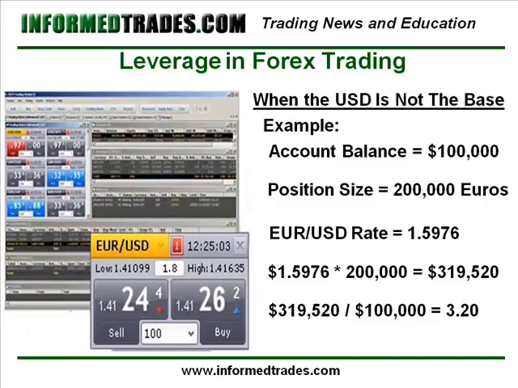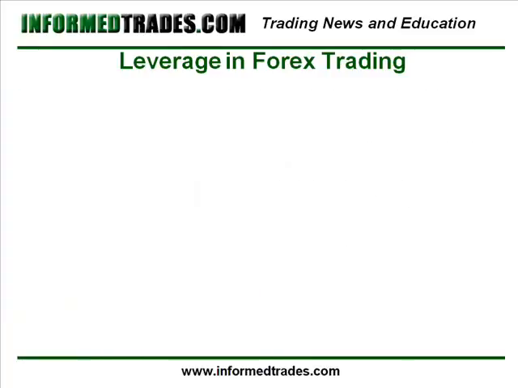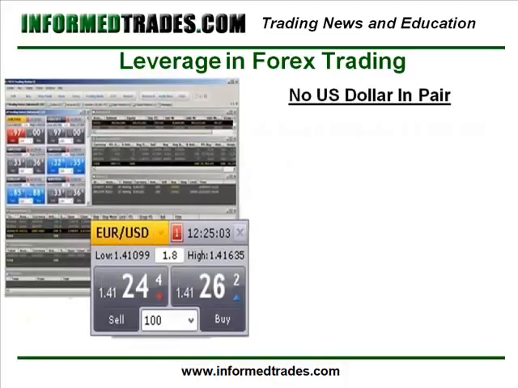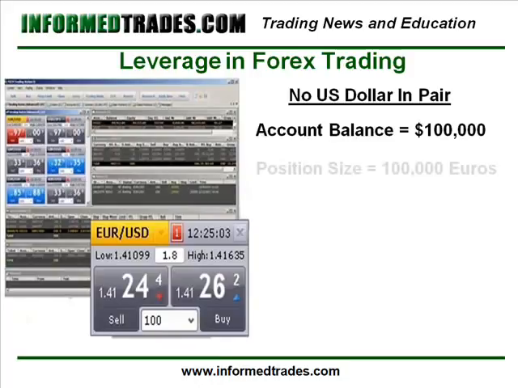The process to calculate the leverage employed for currency pairs which do not include the US dollar is the same, but be sure to use the rate for the base currency and the US dollar to calculate the position size in US dollars. As an example here, if I was trading one contract of euro-yen, then I'm trading 100,000 euros against the equivalent amount of Japanese yen.